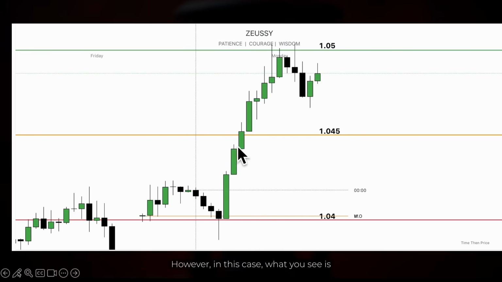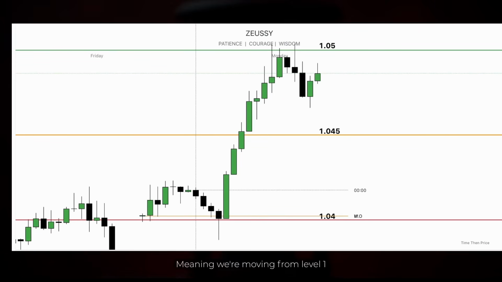However, in this case, what you see is that we reprice through it, and the market is so bullish that it doesn't even have to retrace back into the price level. That right there shows that there is an urgency for the market to be repriced towards the upside. Therefore, you immediately should think to yourself, the draw on liquidity is likely going to be the current range high of 105. And this is how we can utilize these key levels to gauge the order flow.